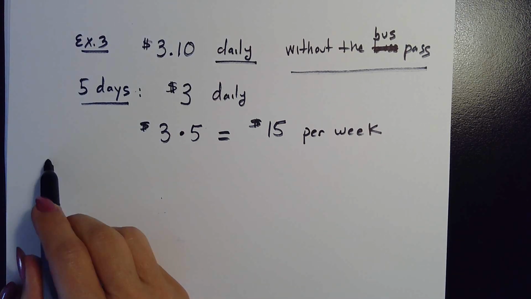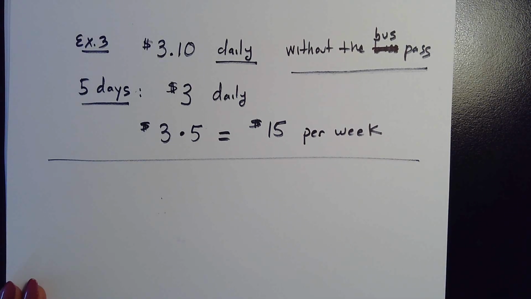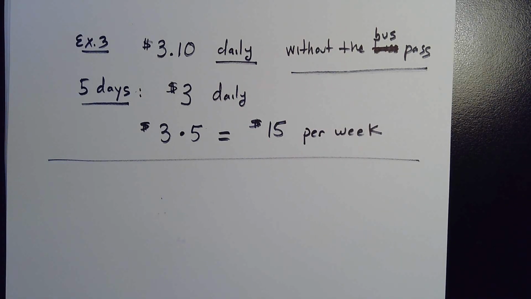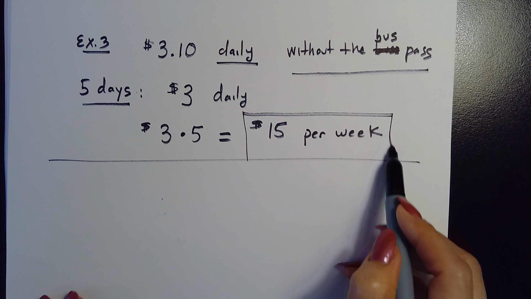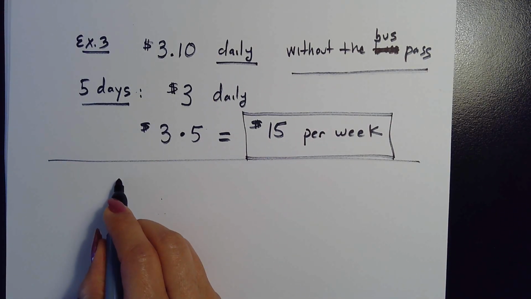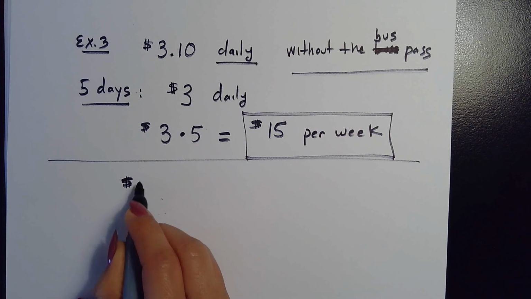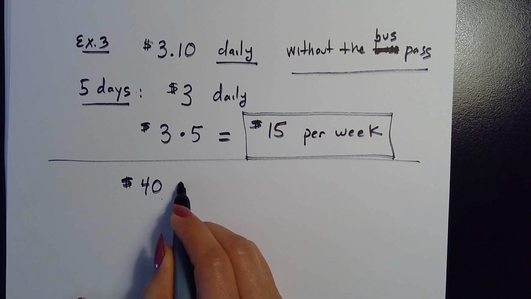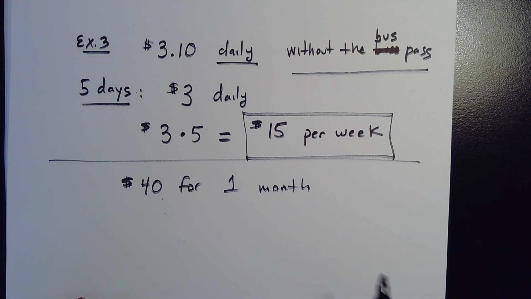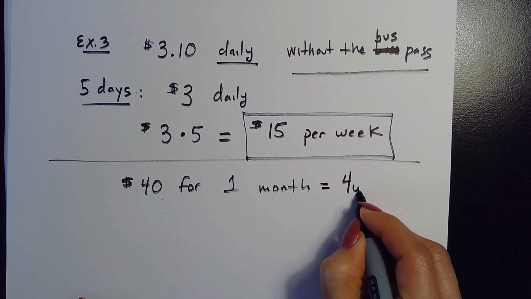Now, if she decides to purchase a monthly bus pass for $40 for 1 month, is it better for her? In a week, we know she's spending without the pass $15 per week. But if she gets the bus pass, she is going to get this for $40 for 1 month. 1 month is 4 weeks.